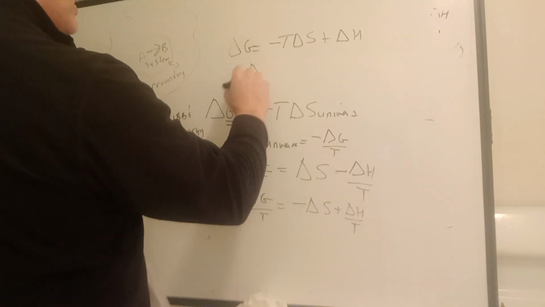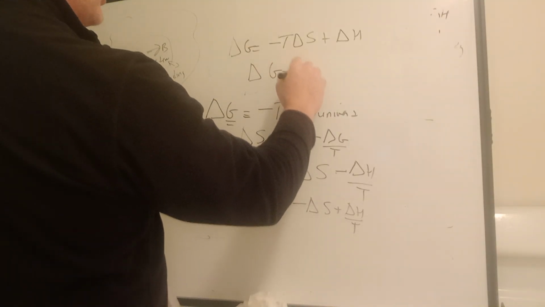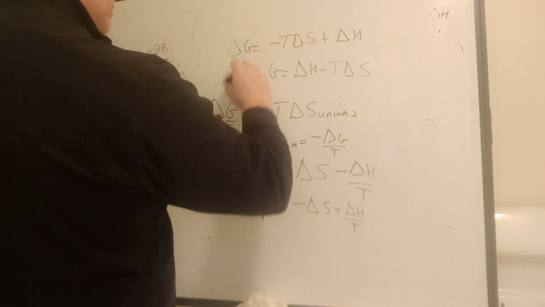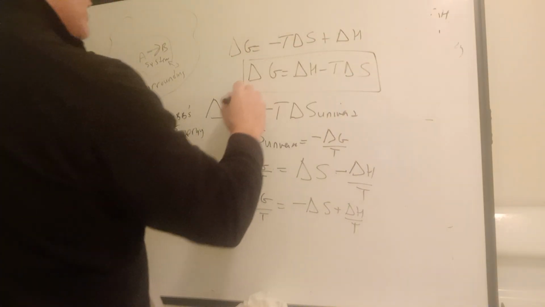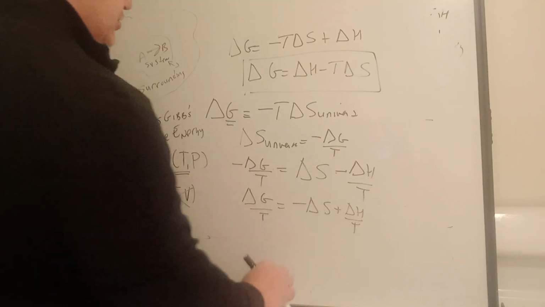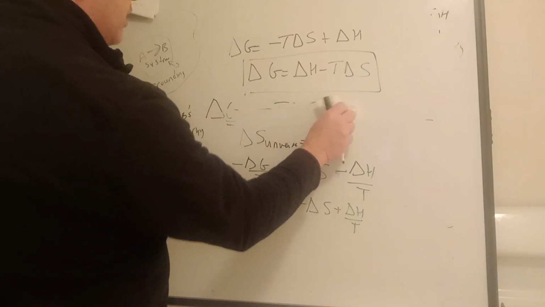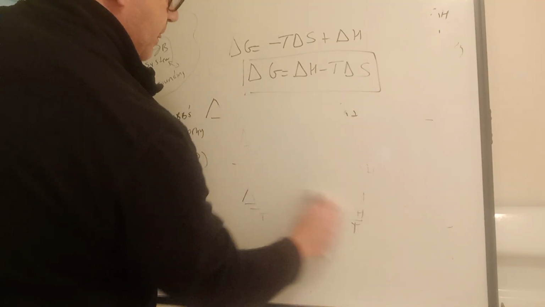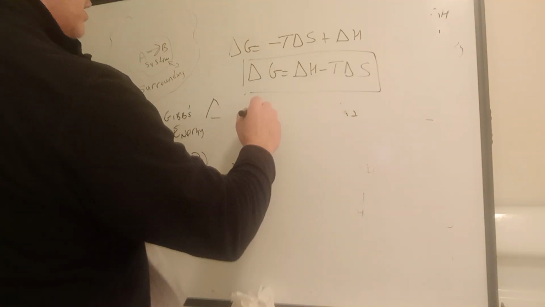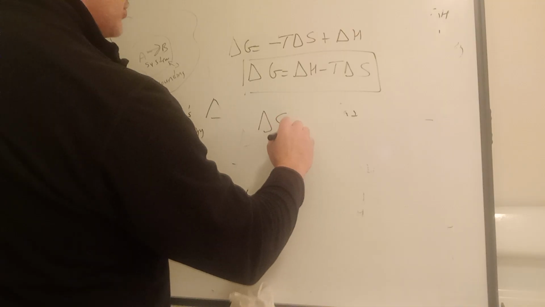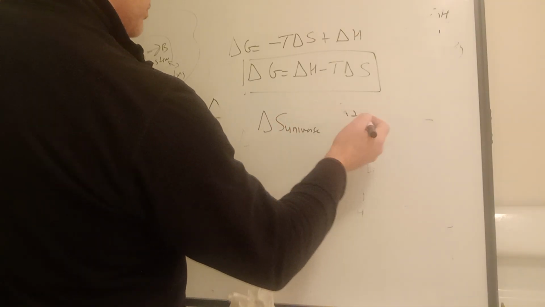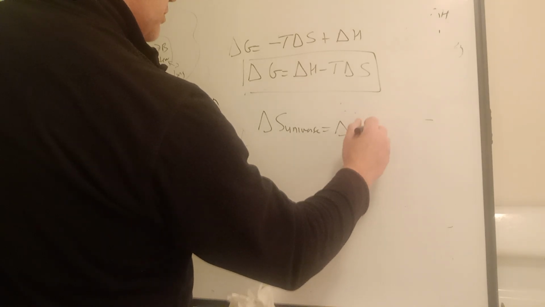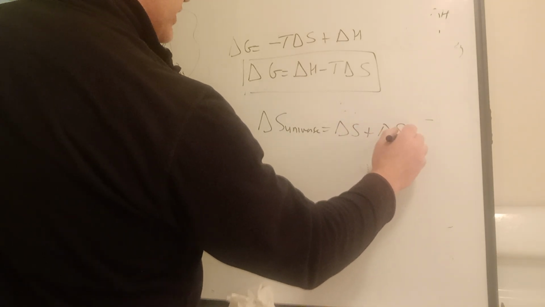The way it's usually written is delta G equals delta H minus T delta S. So this is more convenient to work with for real calculations than delta S universe is equal to delta S, I'll just keep it as that now for the system, plus delta S surroundings.